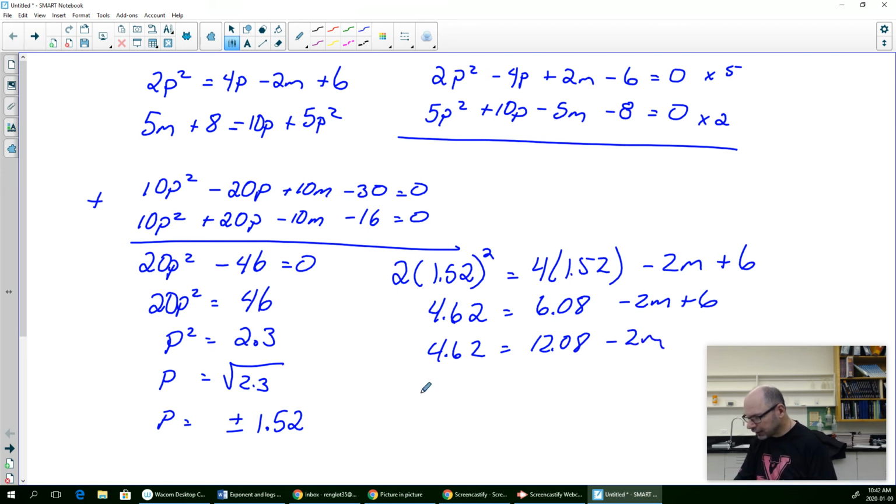Okay, and then we're going to subtract it from both sides. So 4.62 subtract 12.08, negative 7.46. So m is going to be that divided by 2.